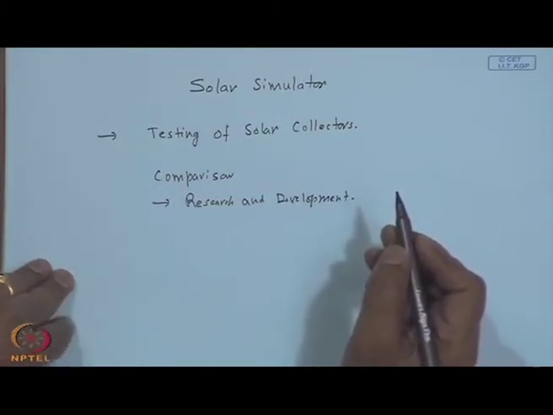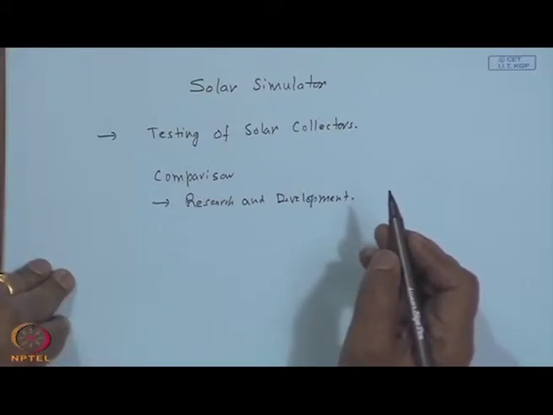Then invariably solar simulators are used. In addition, the advantage is that not only can you have a controlled solar radiation, it can be done indoors, and it can be done all the 365 days of the year without worrying about rain, high wind or any cloudy condition, etc. If you account for all these things, you may not have more than 200 days of clear days, or less than that in fact, to test a solar collector under the recommended testing conditions.